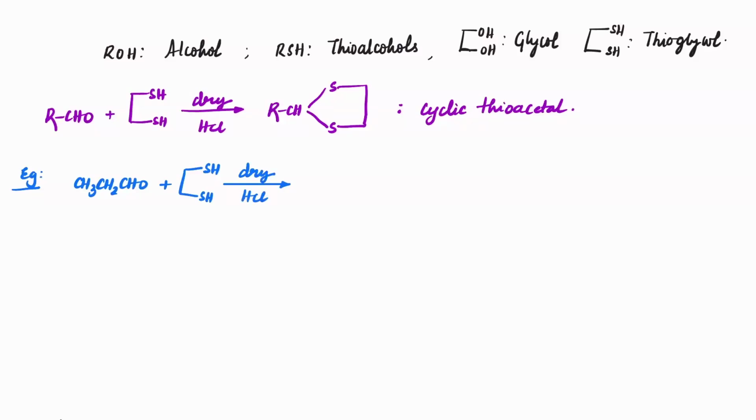Sometimes instead of dry HCl, they will also take it as TsOH, or it will be written like this, para-toluene sulfonic acid, with the complete structure written like this.